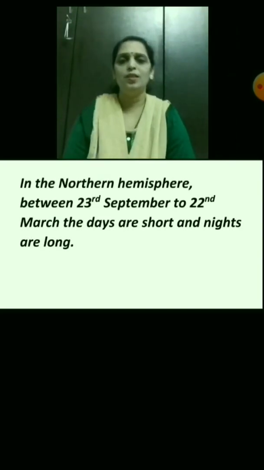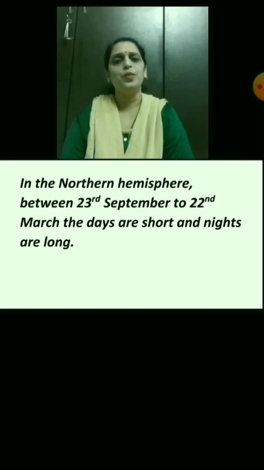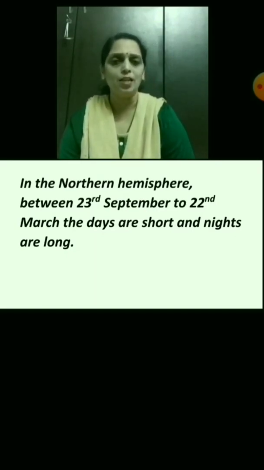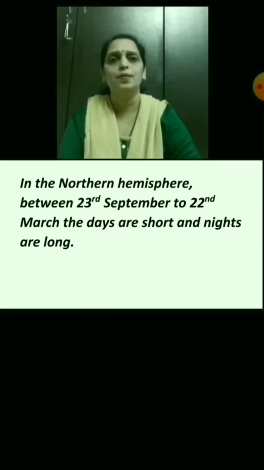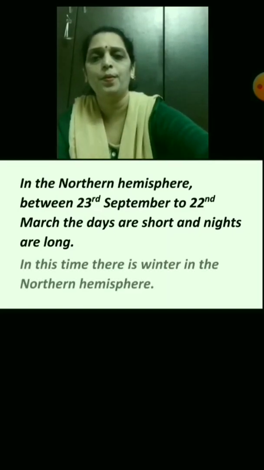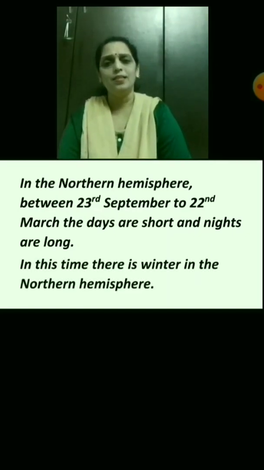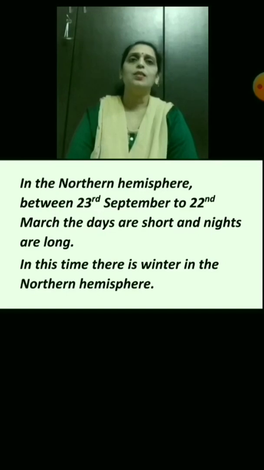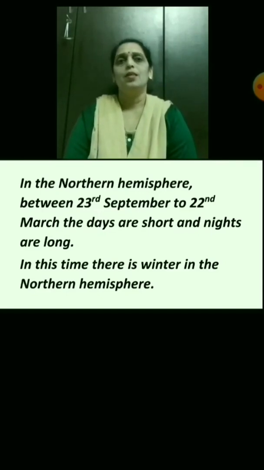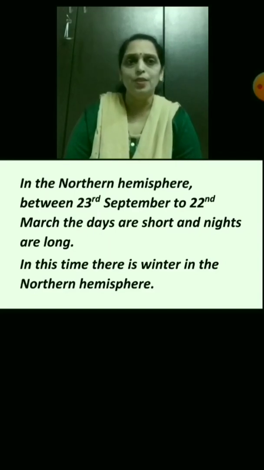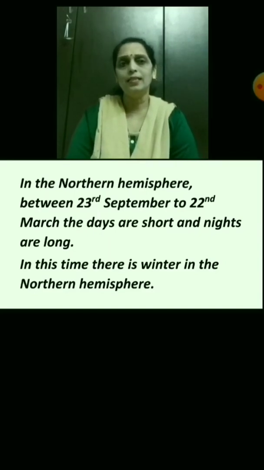In the northern hemisphere, between 23rd September and 22nd March, the days are short and nights are long. Next, in this time, there is winter in the northern hemisphere. Students, here there is winter because the northern hemisphere gets less heat.